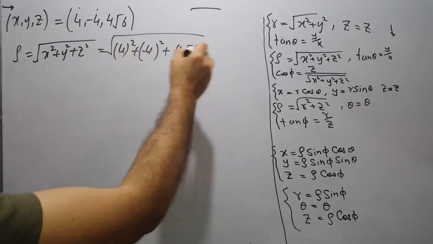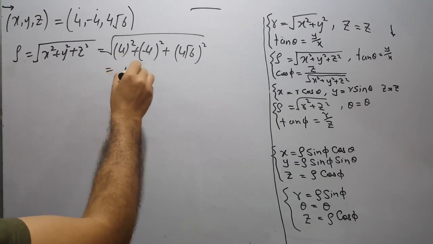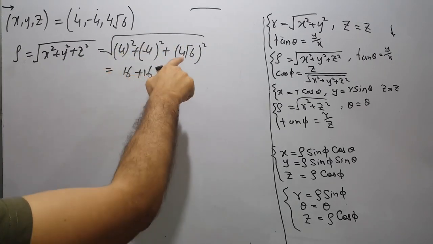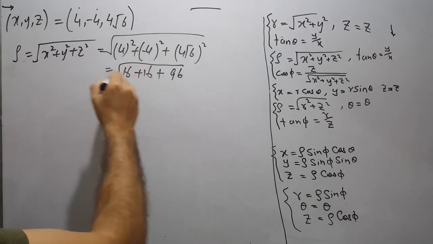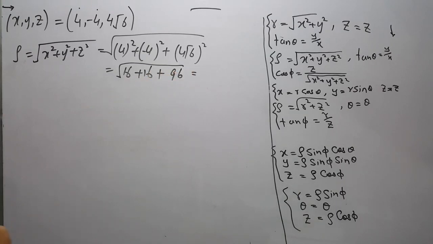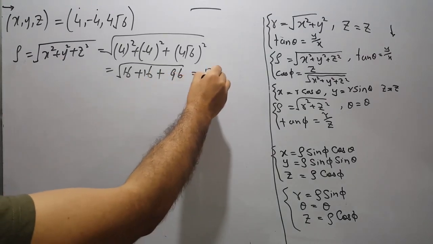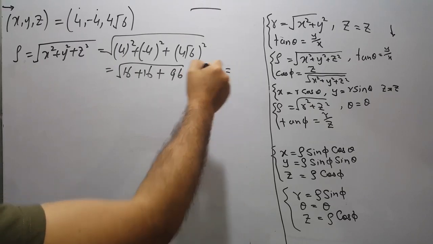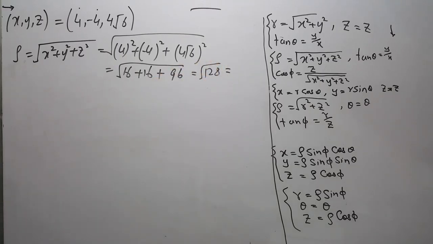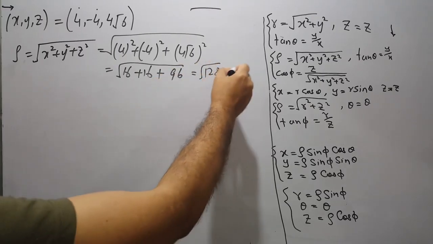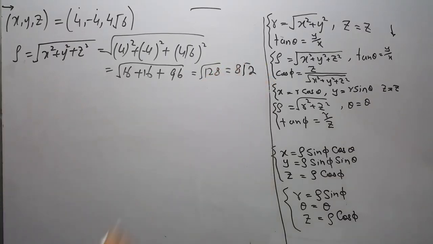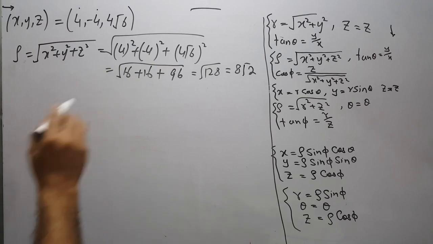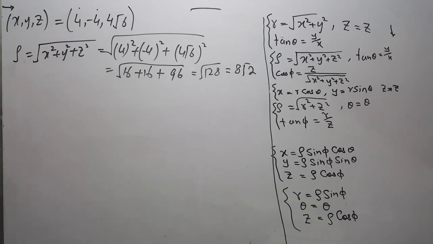That gives you 16, 16, and 16 times 6 is 96. If you add them up, that gives you 128. When you take the square root, that is 64 times 2, and the square root of 64 is 8, so 8 square root 2 is the answer. So your rho is 8 square root 2.